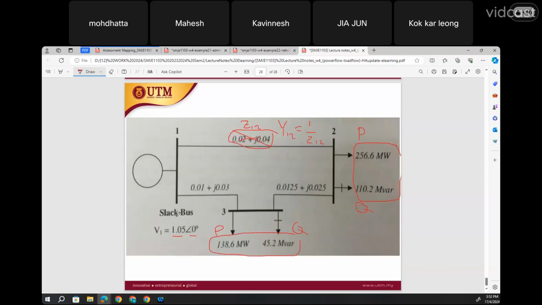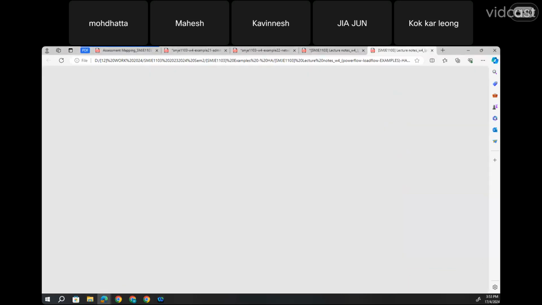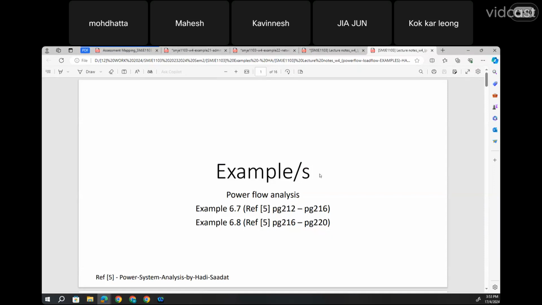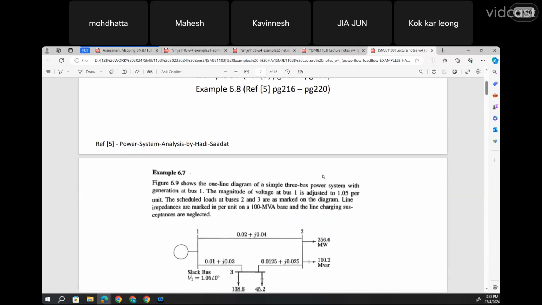And when you try to solve your network using power flow analysis, all these values should be converted into admittance values, so 1 over Z, given in per unit. All right. I have the solution here, also shared with you in the lecture notes.